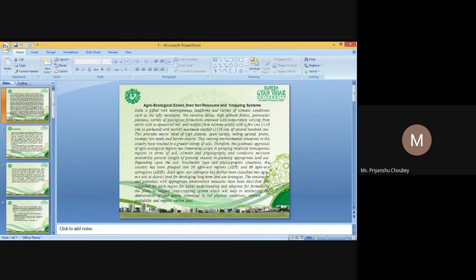Depending upon soil bioclimate type and physiographic situations, the country has been grouped into 20 agro-eco regions (AER) and 60 agro-eco sub-regions (AESR). Each agro-eco sub-region has further been classified into agro-eco units at a district level for developing long-term land use strategies.